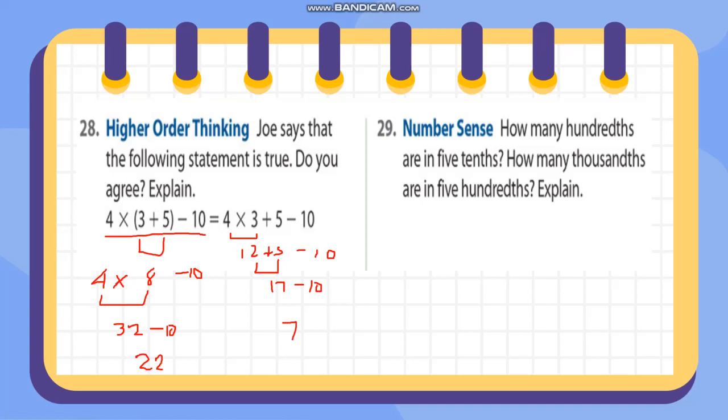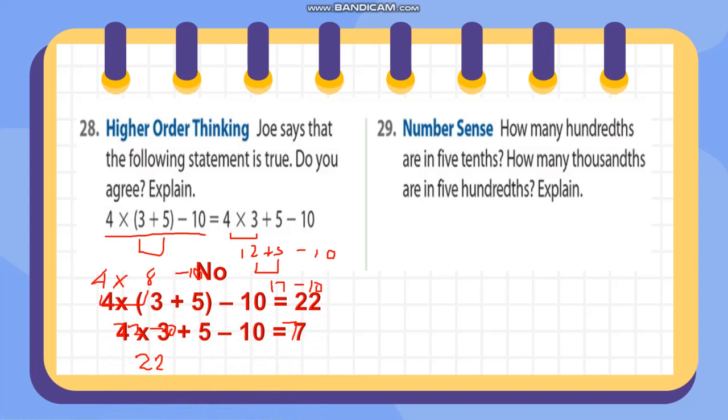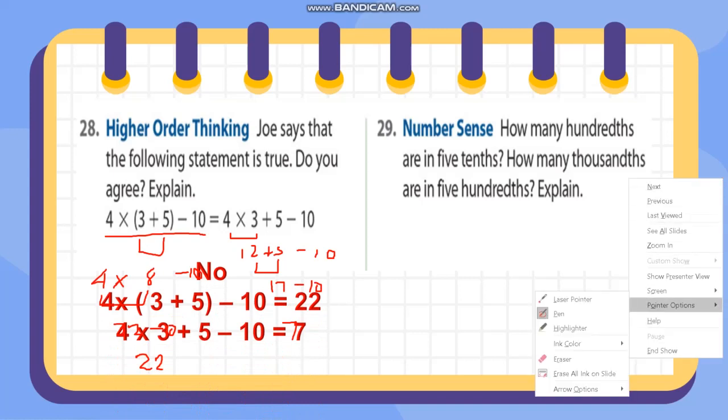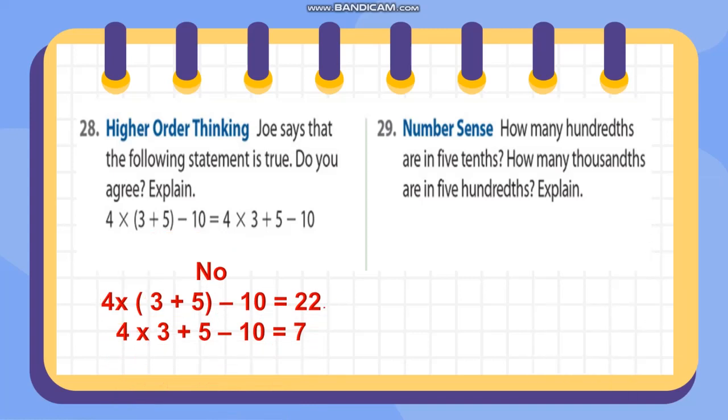So it means no. Why? Because 4 multiplied by (3 plus 5) minus 10 is equivalent to 22, and 4 multiplied by 3 plus 5 minus 10 is equivalent to 7. So they are absolutely different.